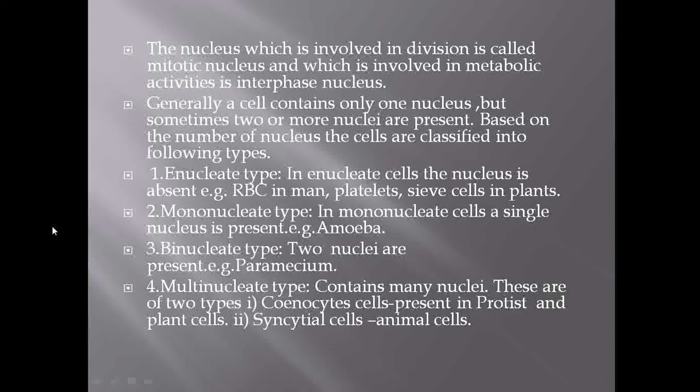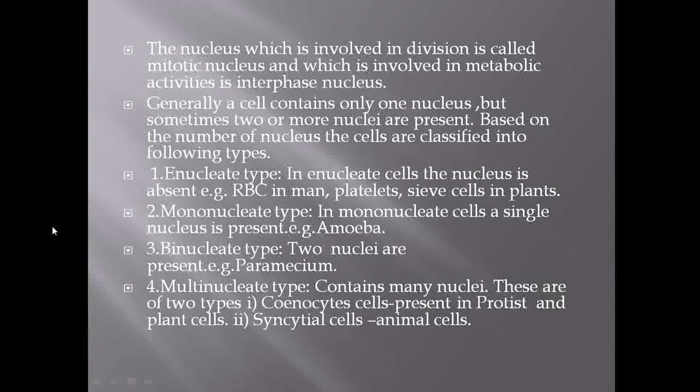Basically, the nucleus present at the time of nuclear or cell division is called the mitotic nucleus, whereas when metabolic activities are taking place inside the cell, the nucleus present at that time is called the interphase nucleus.